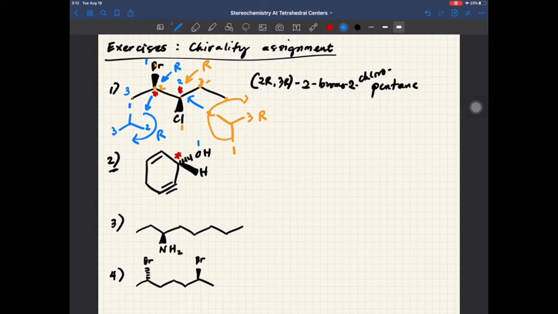The hydroxyl group takes the highest priority because oxygen takes higher priority than carbon. And bonded to this carbon are a carbon double bond carbon and a carbon triple bond carbon. Remember in rule 3 of the CIP rules that alkynes take higher priority than alkenes. Therefore, this carbon is designated as 2 and this carbon is designated as 3.